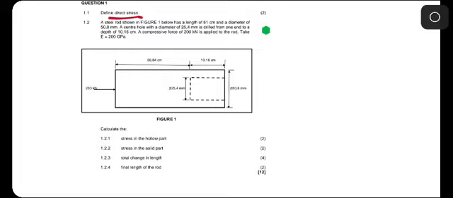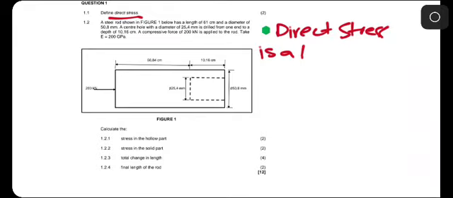We must know what the direct stress is. How can you define that? We know that this is a load, isn't it?